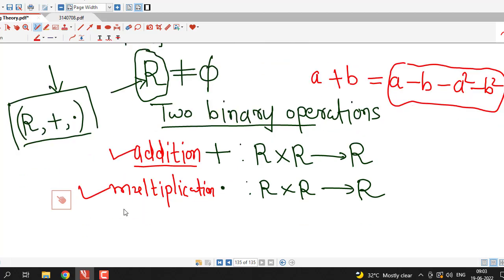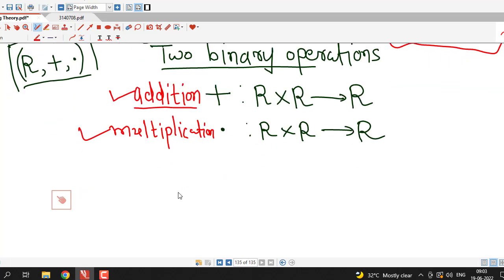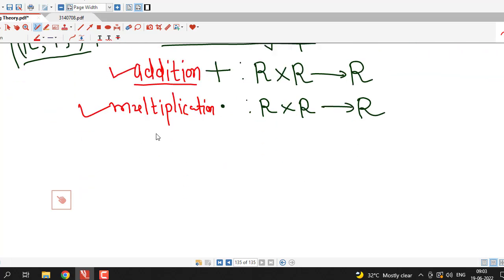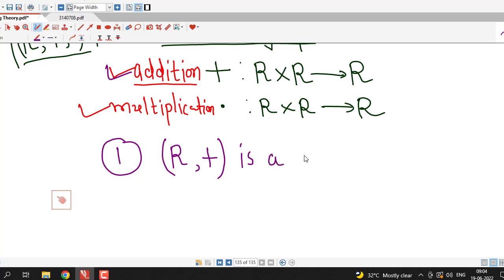Now if our set R with two binary operations, addition and multiplication, satisfies certain properties, then it will become a ring. The first property is that under the operation of addition, R must be a commutative group, that is, R with the operation of addition is an abelian group. This is the first condition, and we know how to check whether our group is abelian.